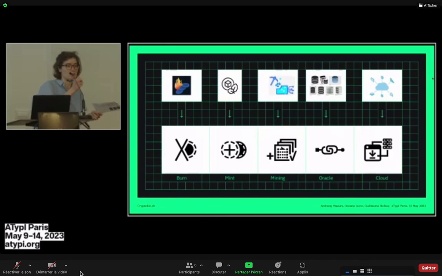They use the mining tool, but it means to add a block to the blockchain, and I try to describe it on the pictograms. And you see on the right also the cloud that Anthony mentioned also previously.